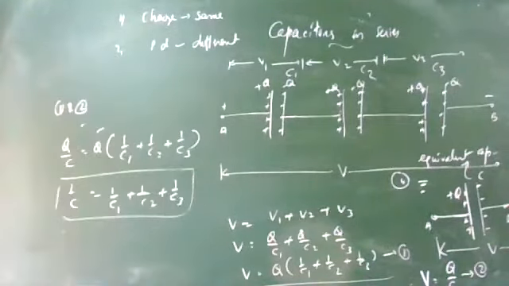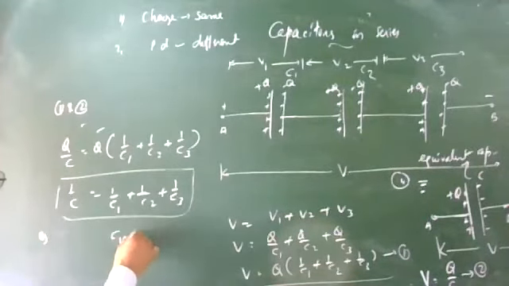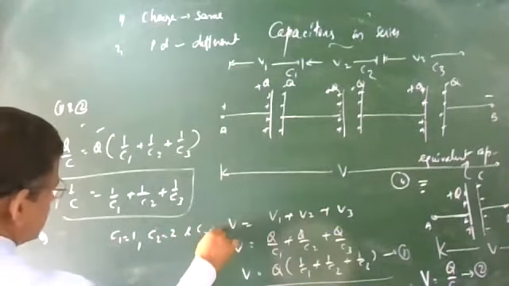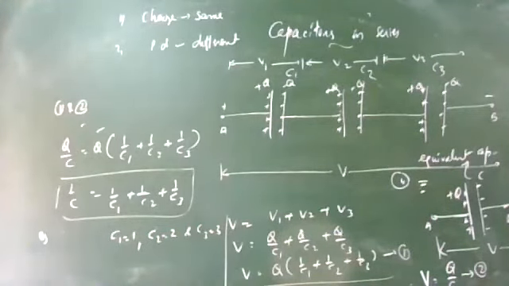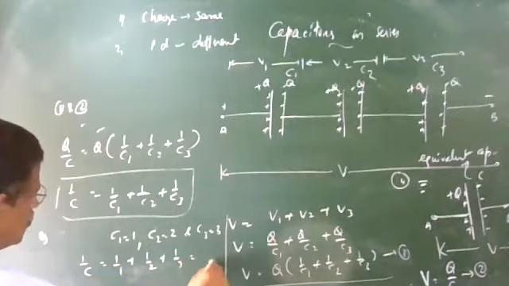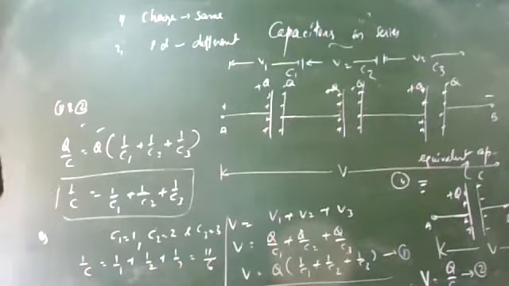If I take an example, C1 is 1, C2 is 2, and C3 is 3, just to recognize what the value of C is. 1 by C equal to 1 by 1 plus 1 by 2 plus 1 by 3. This is equal to 11 by 6.